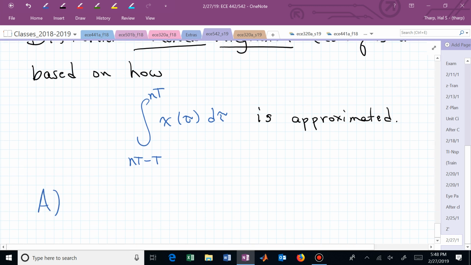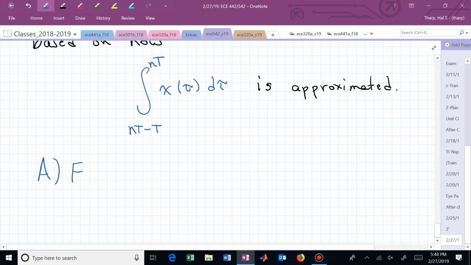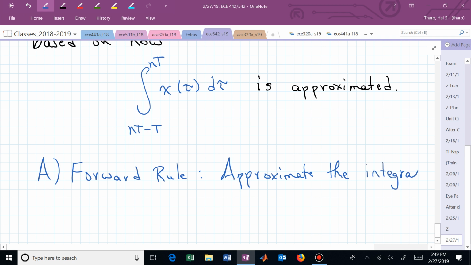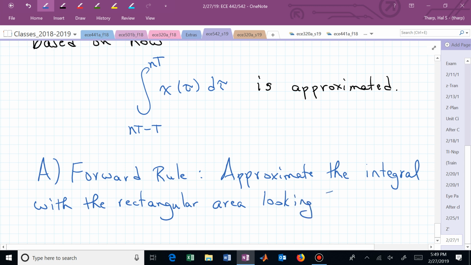Let's look at the first one. We said we were going to call one the forward rule for numerical integration, and now what we want to do is simply approximate the integral with the rectangular area looking forward.